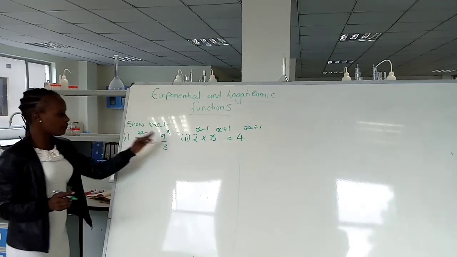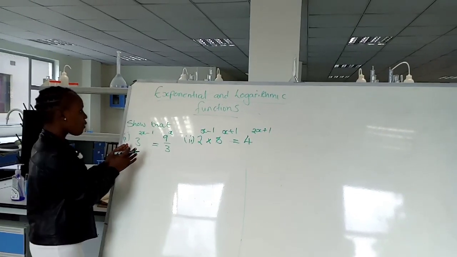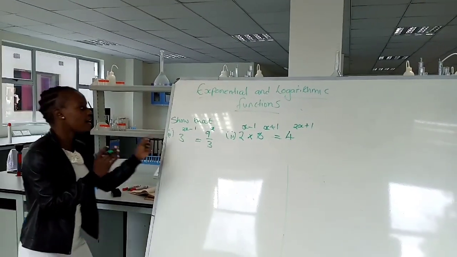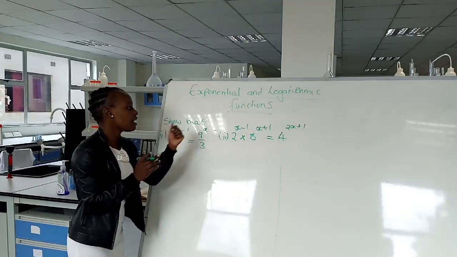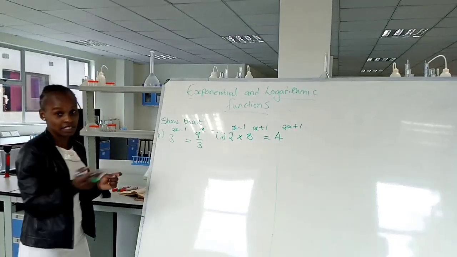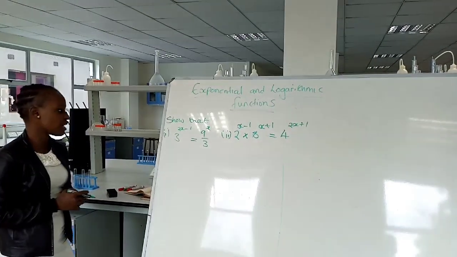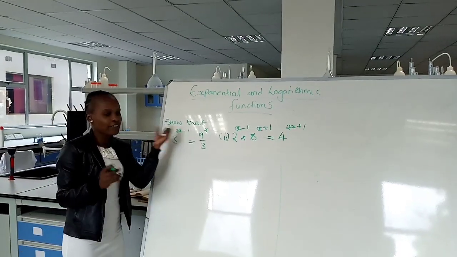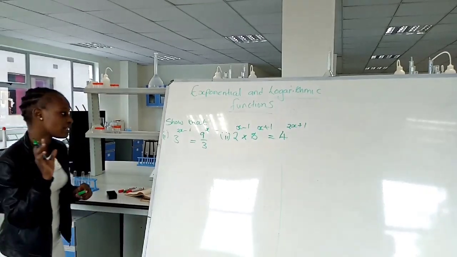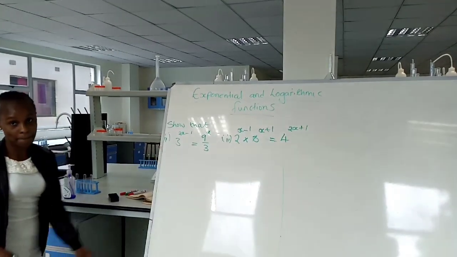That's 1. If these are the questions that we've been given and we've been asked to show, so we want to show that 3 raised to the power 2x minus 1 is the same as 9 raised to the power x being divided by 3. That is our focus. From the rules that we looked at, if the exponents are subtracting, it simply tells us that somewhere we are dividing the bases.